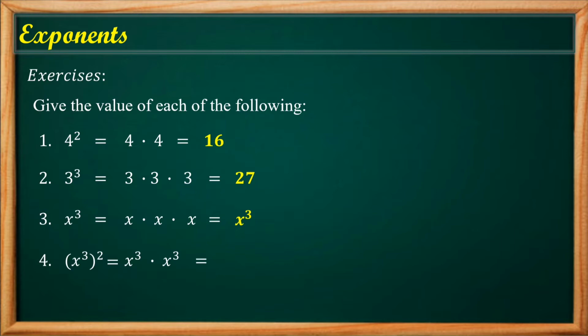Paunang x cube is tatlong x na minultiply natin, then times again ng tatlong x na minultiply natin. How many x do we have now? That is 6. It becomes x raised to the power of 6.